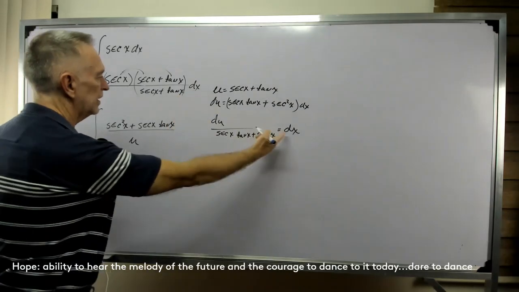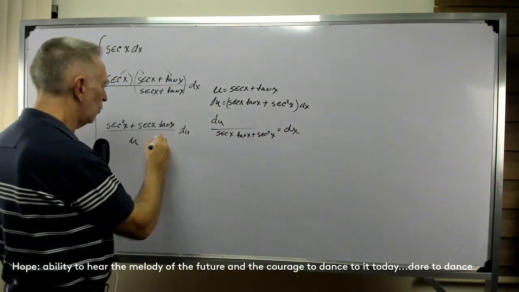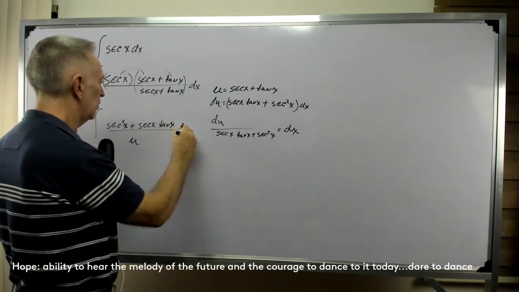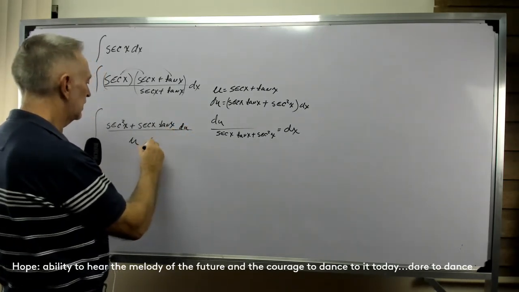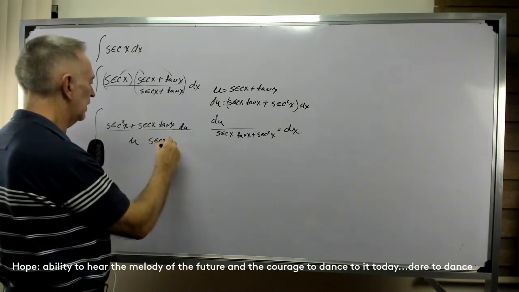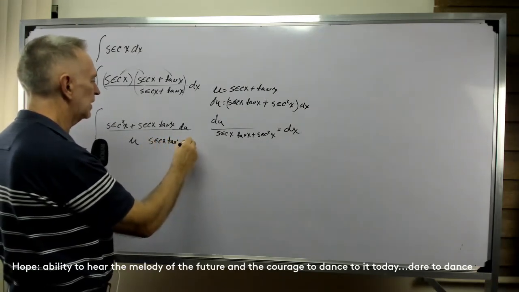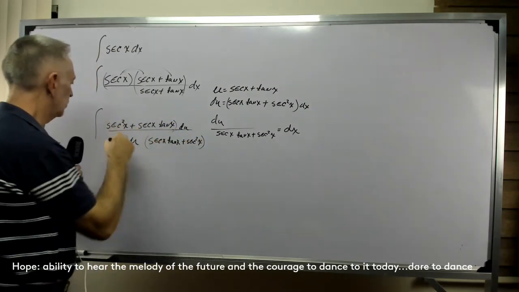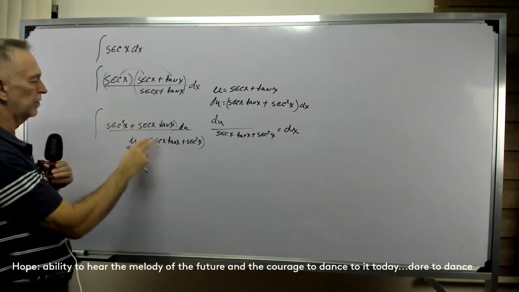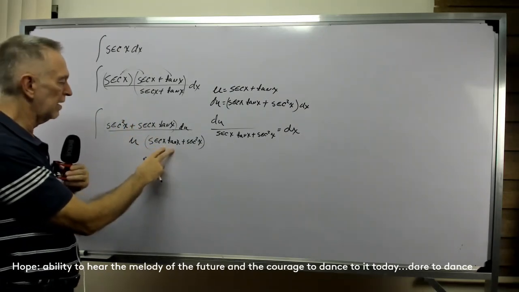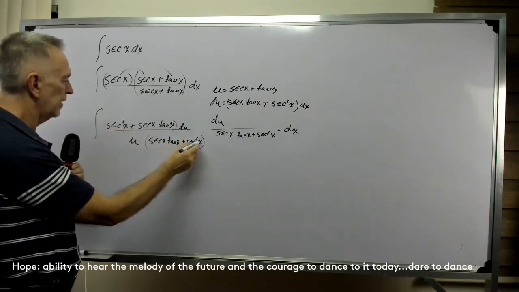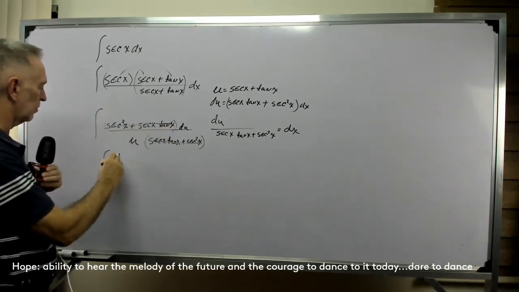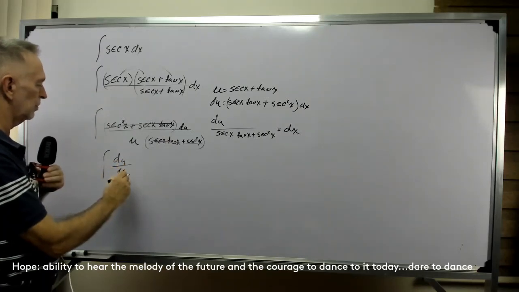We're replacing dx now with du over secant x tangent x plus secant squared x. Well, you'll notice, of course, the order's different, but in addition it doesn't matter. So all of this cancels all of that, and we end up with the integral of du over u.